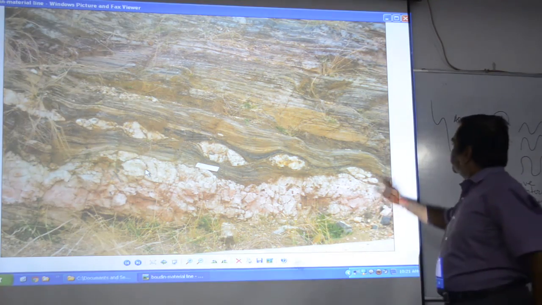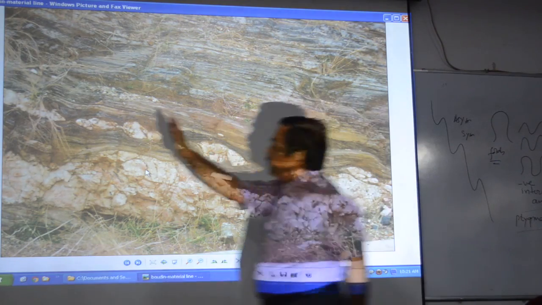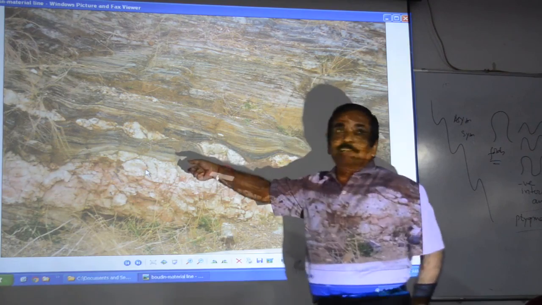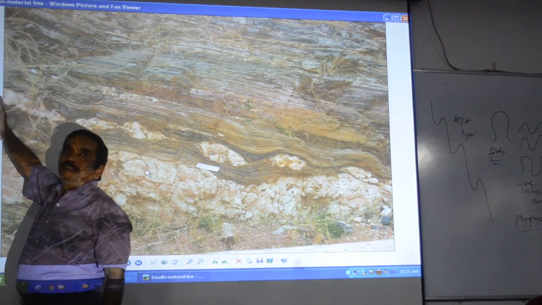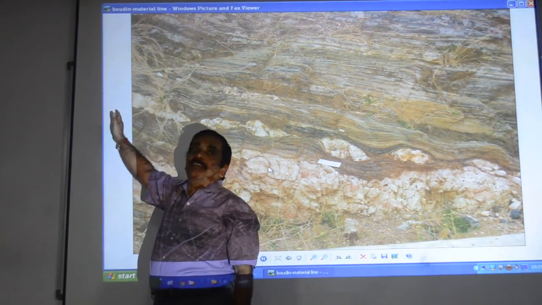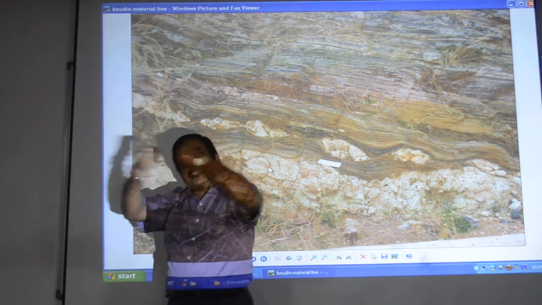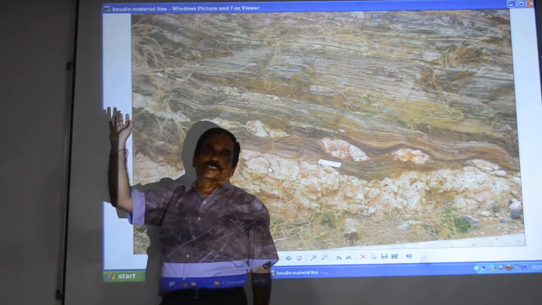You may not be able to see this side, but as you walk, there will be a break after say half a kilometer. There you will see these pegmatite veins in a different section. In that section you see whether the puddings are there or not. If puddings are there, then you say the stretching is like this. If puddings are not there, there is no stretching in that direction.